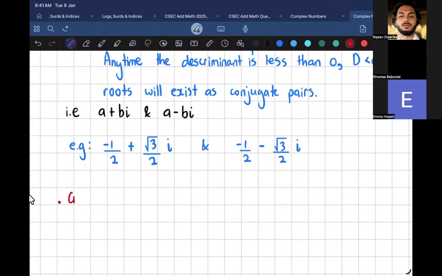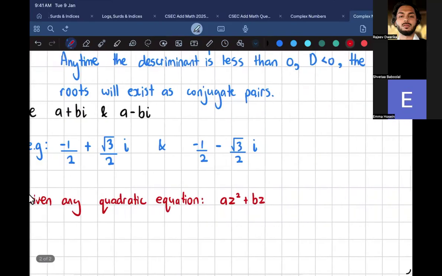Right, so given any quadratic equation. It's seriously not telling me I'm spelling quadratic wrong. Now that's the correct spelling. You're gonna notice that they love to use z a lot. When we're talking about complex numbers, they like to use z.